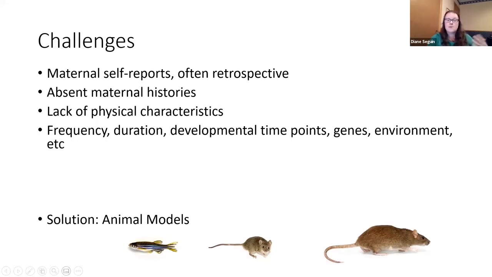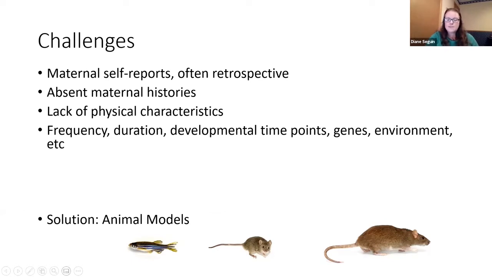But we know from other reports that most women who drink during pregnancy don't drink a very high amount. Not everyone who is gestating is an alcoholic. So we need to have better information on what low dose to moderate alcohol looks like in the human population, because this actually might be more prevalent. So we need a better way of identifying it. The best way to identify it is to learn more about it.